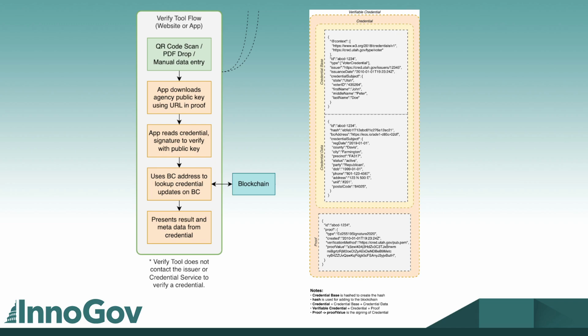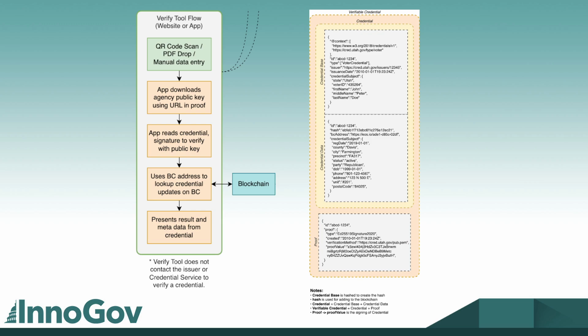But then if things are changed on the credential, the system can go provide an add to the blockchain to say, here are additional updates to this particular credential. And when the verification process happens, it can go ask the blockchain, hey, does this exist on the blockchain? The blockchain goes, yes, it does. And here are all the blocks that go along with that hash. And one of them could be, hey, this credential was revoked 2 weeks ago.